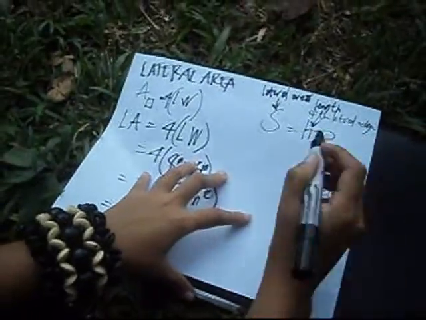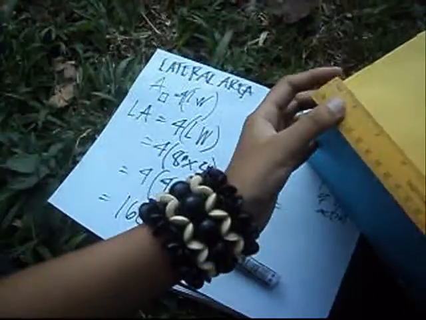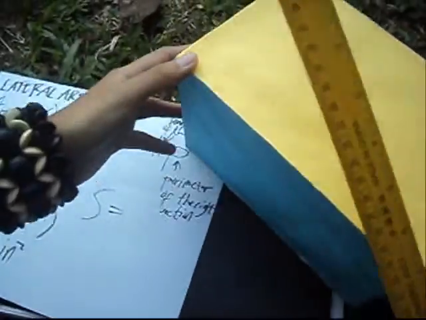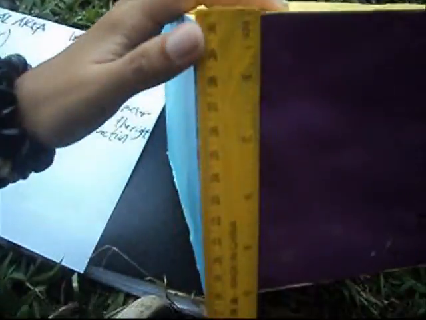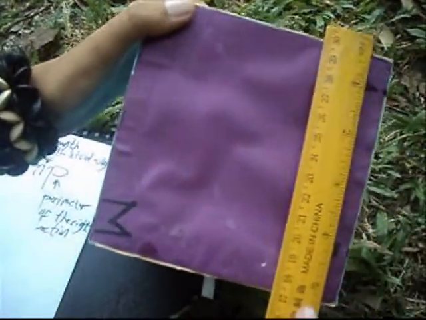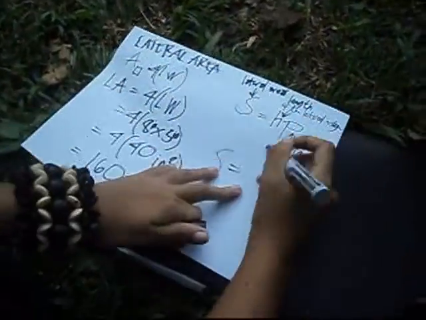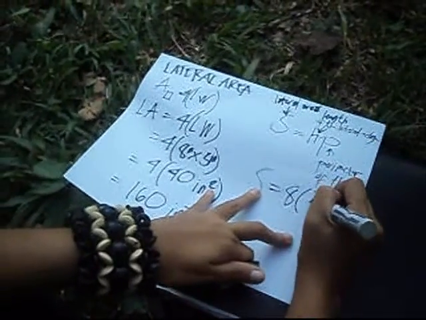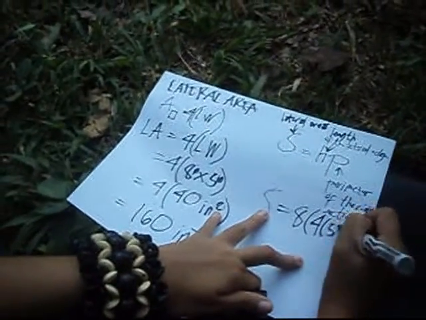And so it means that S is equal to, this will be our H, 8 inches. Then we have to take the perimeter of this base. The base is a square, so 5, 5, 5, and 5. This will be 8 times the perimeter, 4 times 5.